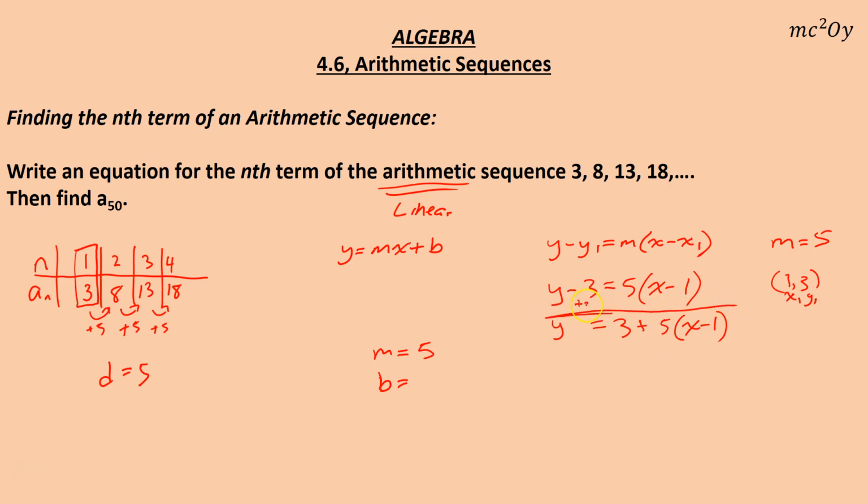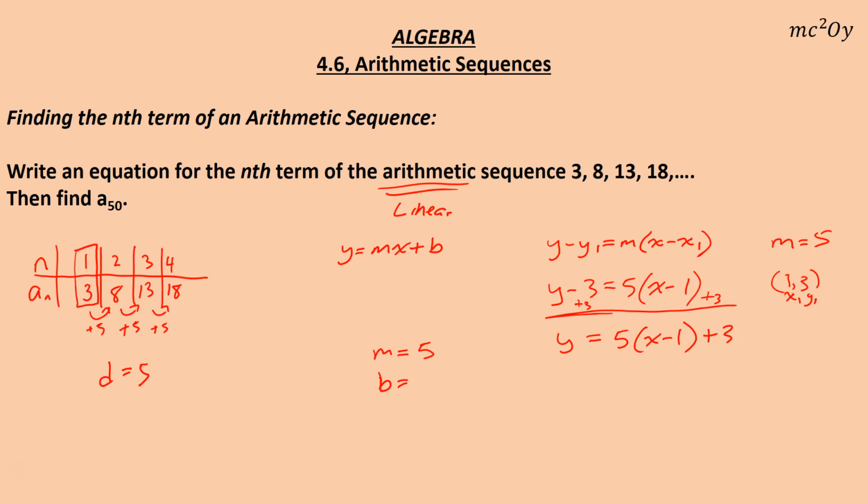Look, I just added 3 to both sides. I can't add 3 to the 5 because it's attached to the 5 times x minus 1. And some of you are like, why did you write it so weird? Why didn't you put the 3 at the end? Well, if you want me to, I can, but I'll show you why I didn't in a minute. We could have it like that.